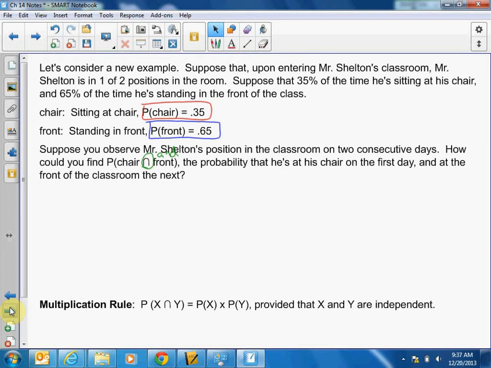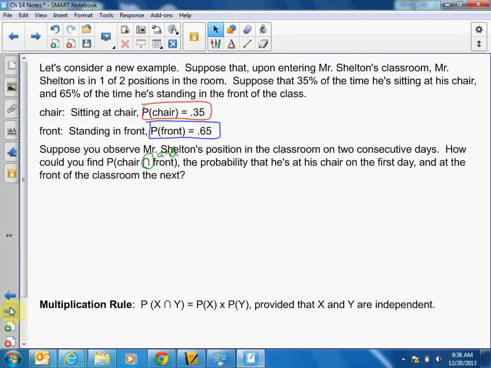Usually when we use this upside down U sign, that represents probabilities for when we care about successive trials. That is to say, one flip and then a second flip of a coin, or one entrance into the classroom observing where Mr. Shelton is, and then a second entrance into the classroom observing where Mr. Shelton is. Something like that.